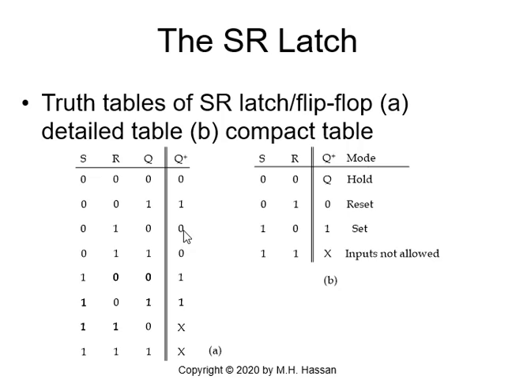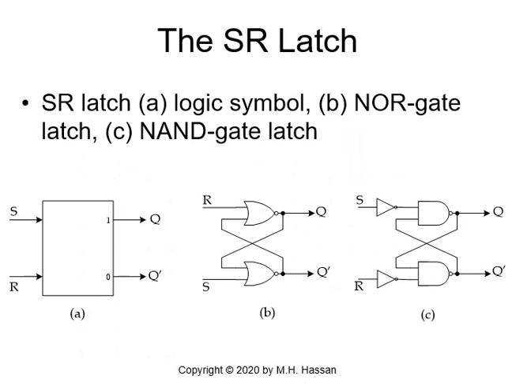Now I will repeat the experiment with Q equal to 1. So Q is 1, Q prime is 0, R is 1, and S is 0. So in the upper NOR gate, this is 1 and this is 0, 0 NOR 1, the output will be 0. So Q plus will be 0, or the Q changed from 1 to 0.